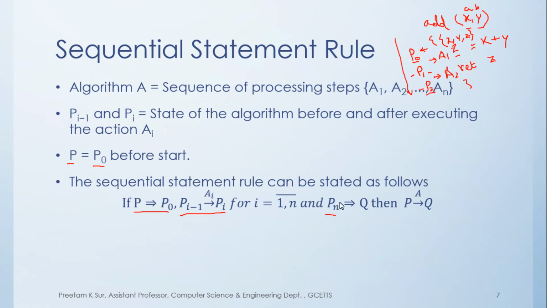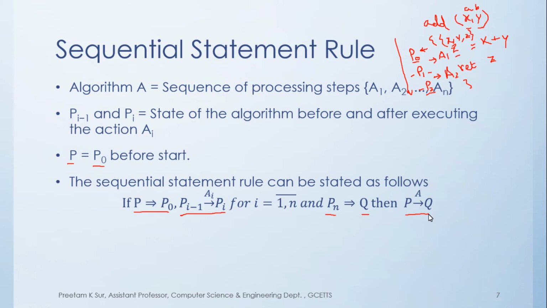If the end state is the q, the post condition of the 4-tuple, then we can say that p A q is a valid algorithm or a correct algorithm.